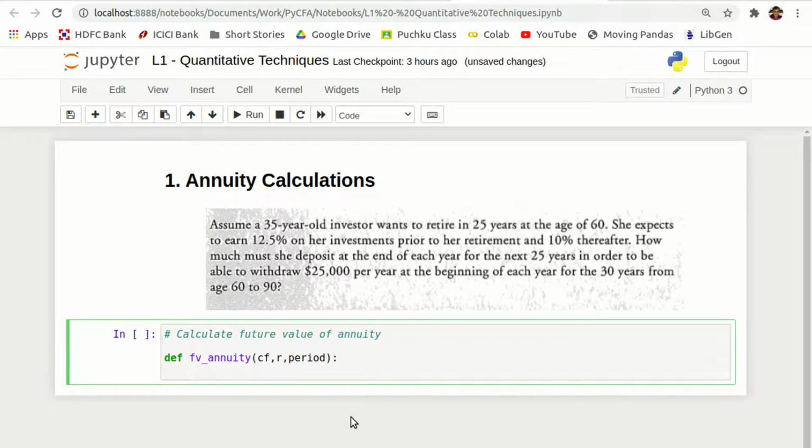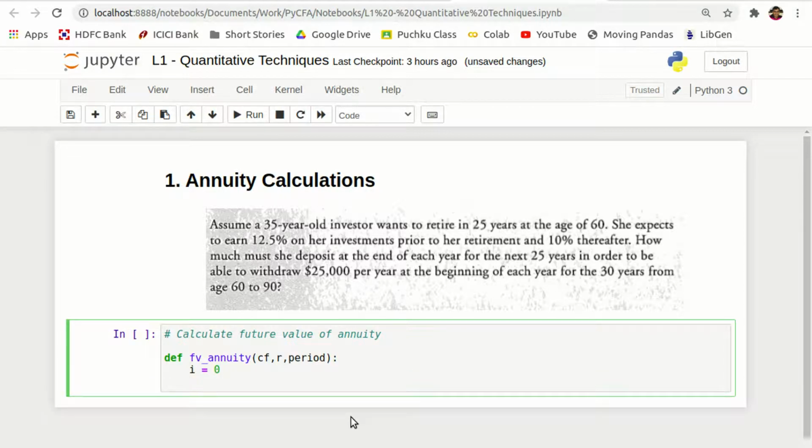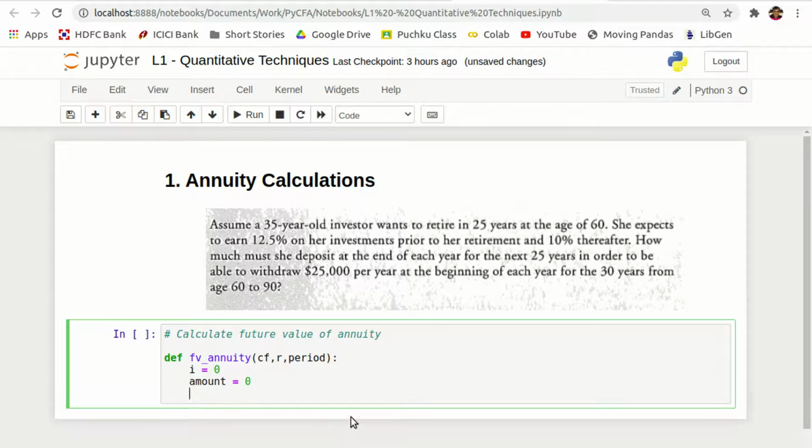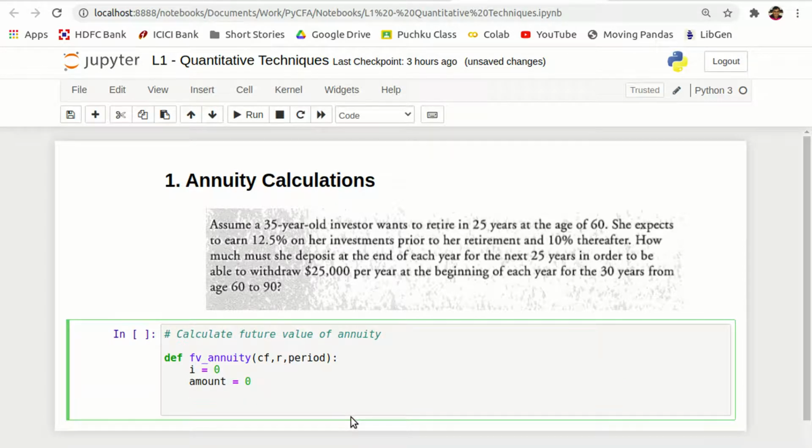Okay, let's set up a counter for every year during the period. Let's start off with the amount which is 0. So today I am at year 0 and I am going till year whatever period, say 25, which will be the period over here.